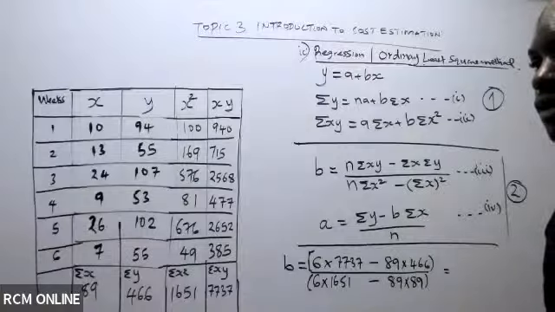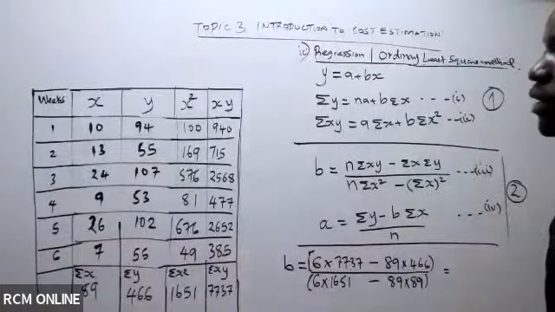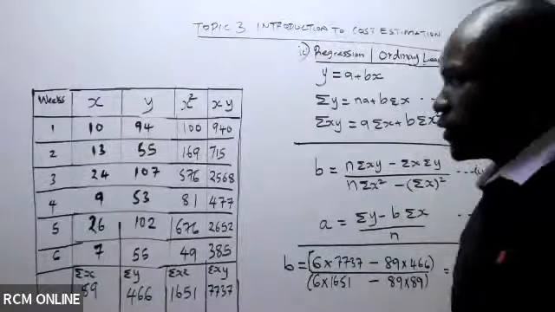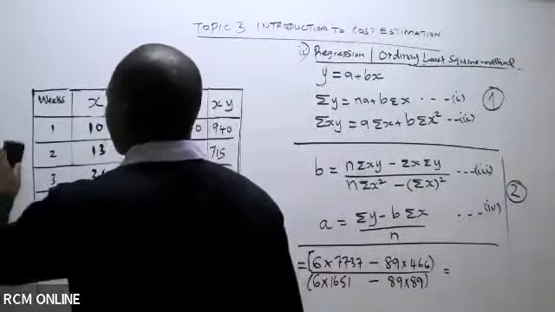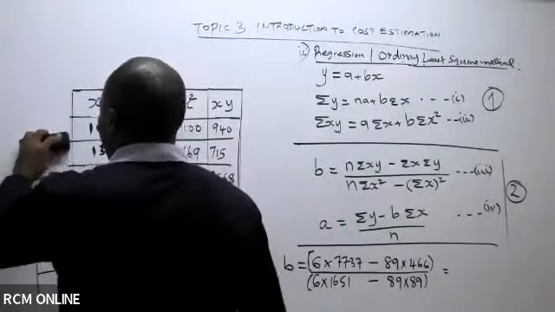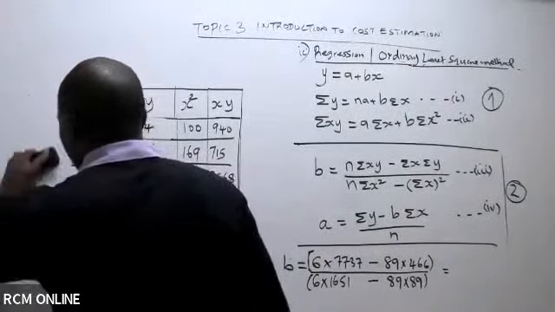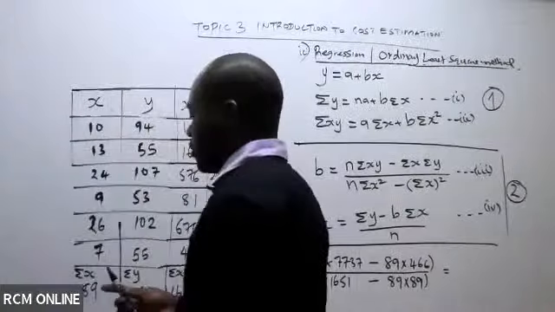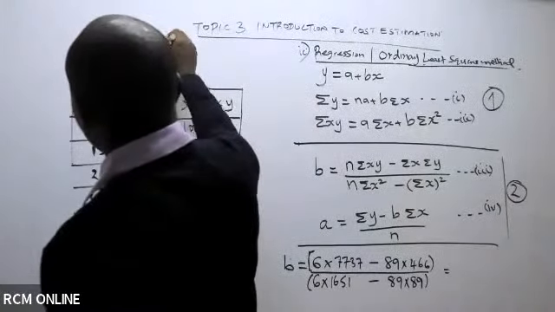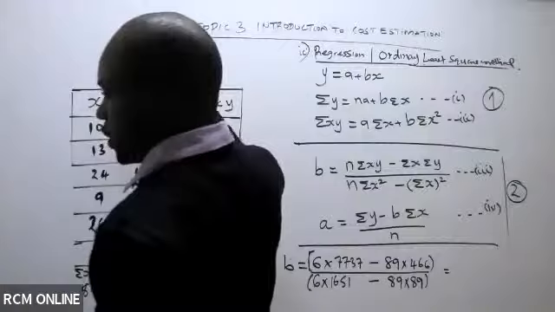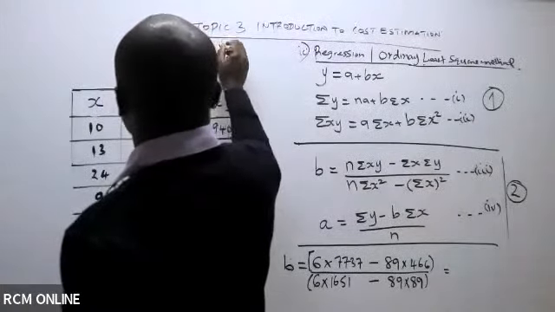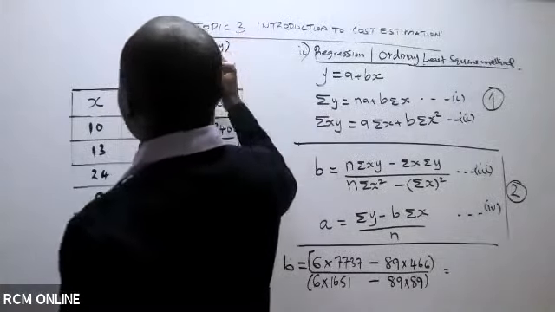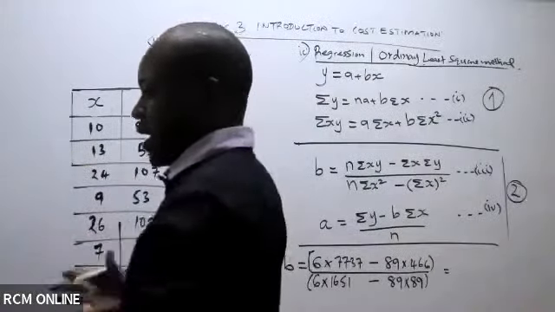How do you come up with 6, kindly? Where did we get the 6 from? So I'll be forced to go with this. Let us see where that 6 comes from. When you are using the OLS method, we talked about coordinates, X, comma, Y. If you are to pick these coordinates, how many pairs are you able to see here?